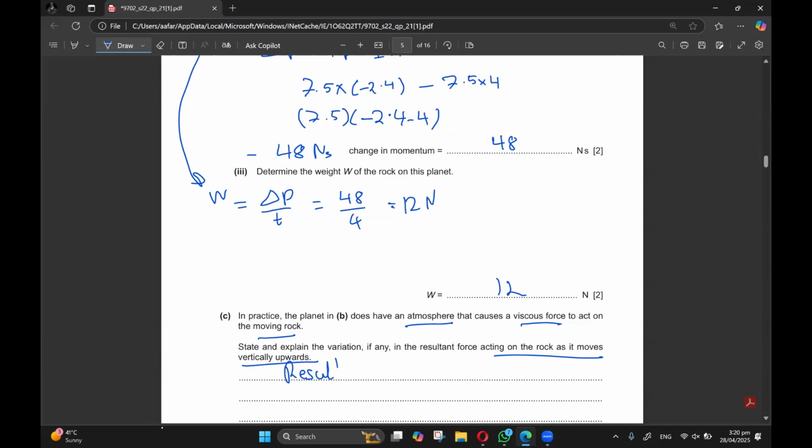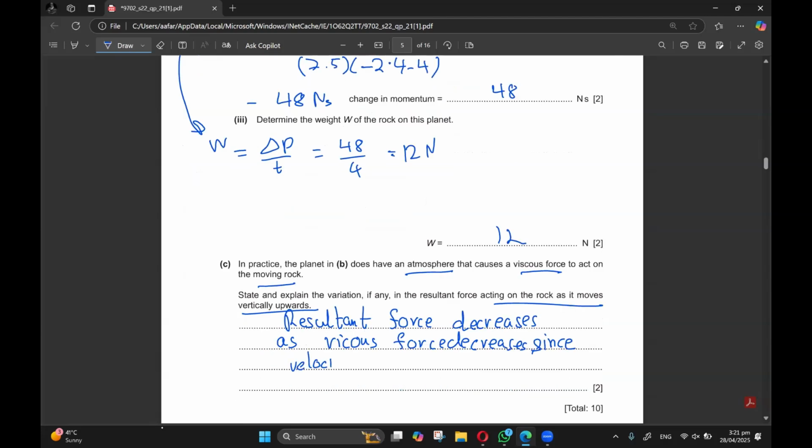Resultant force decreases as viscous force decreases, since velocity, or you can write speed as well, decreases.